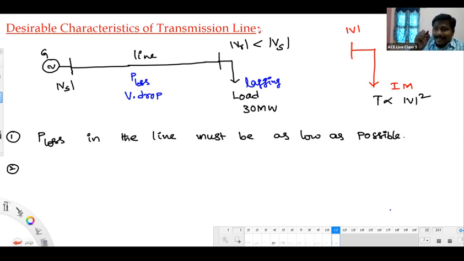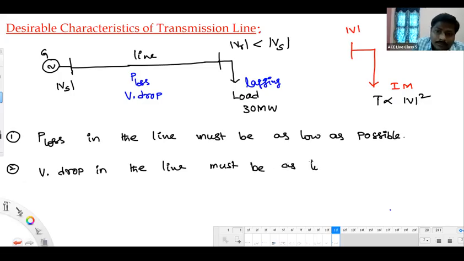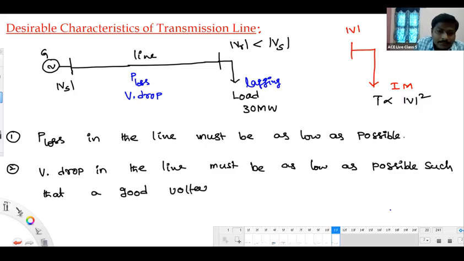So I can say the next characteristic of the line required is that the voltage drop in the line must be as low as possible, such that a good voltage will be maintained at the receiving end side or at the load location.